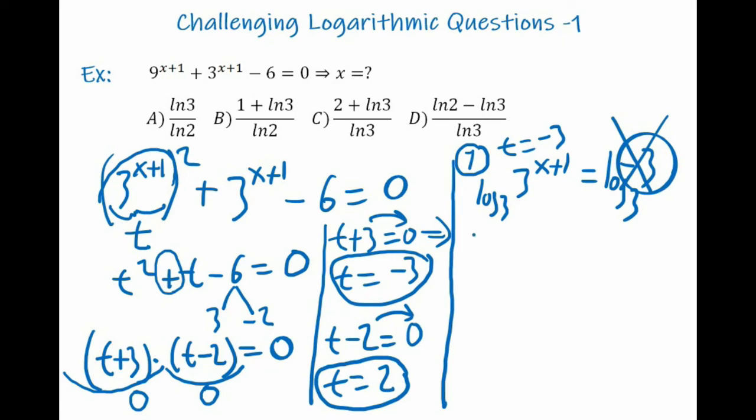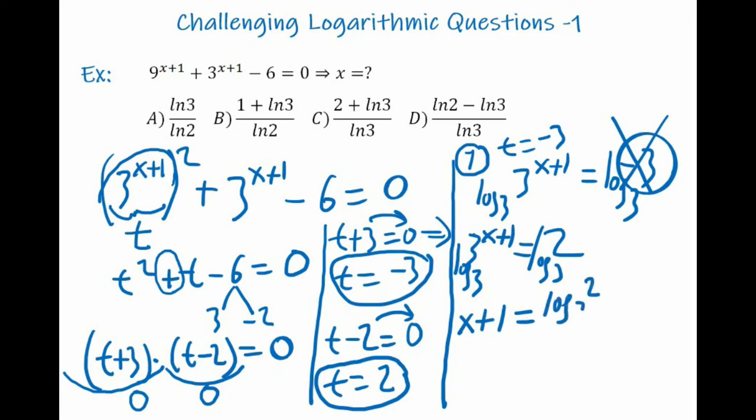In the second option, we have 3 to the power of x plus 1, which is 2, guys. And then I'm going to take logarithm in base 3 of both sides, okay? Then x plus 1 is going to come to the front, so left side is going to be x plus 1, and the right side is logarithm of 2 in base 3.